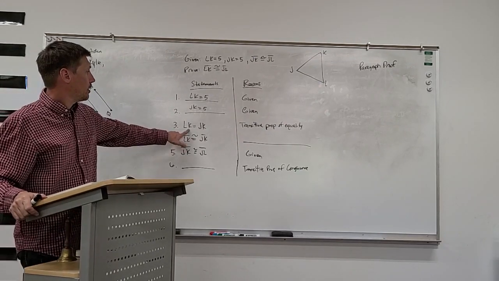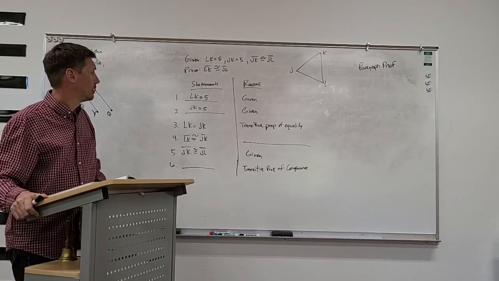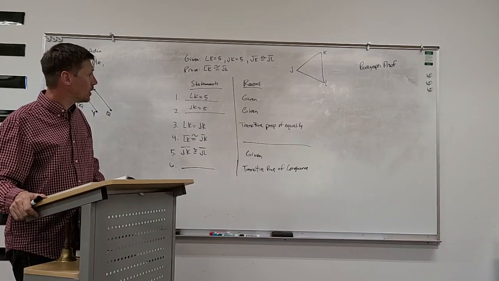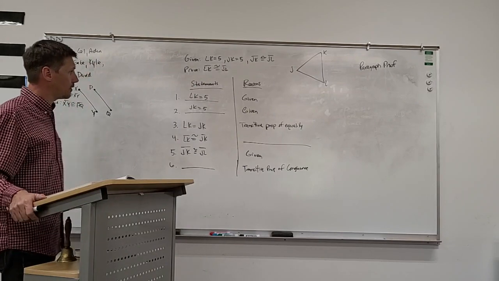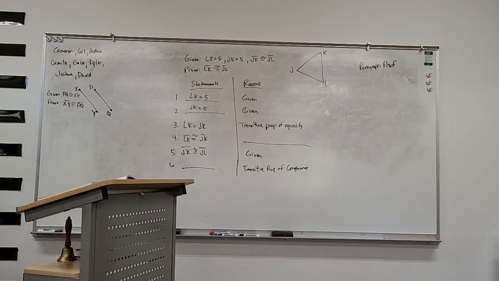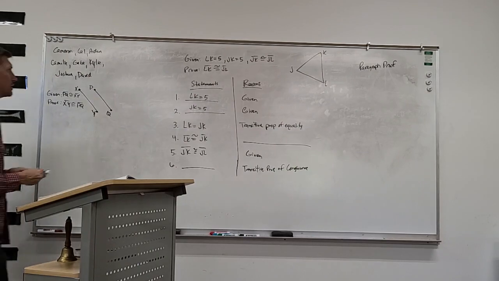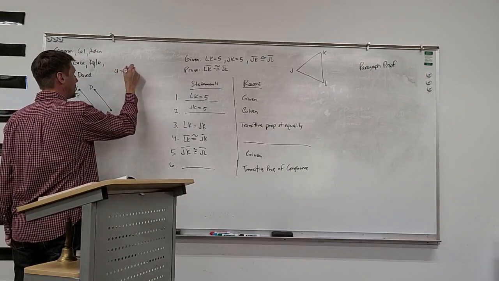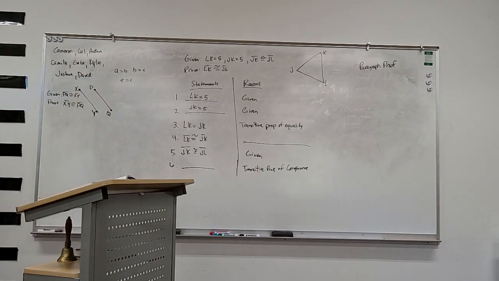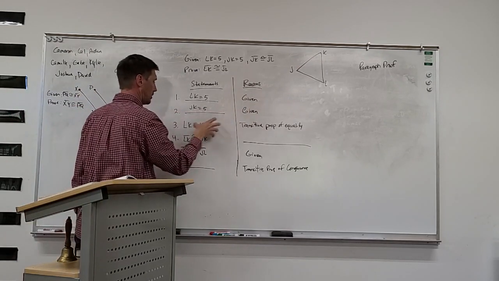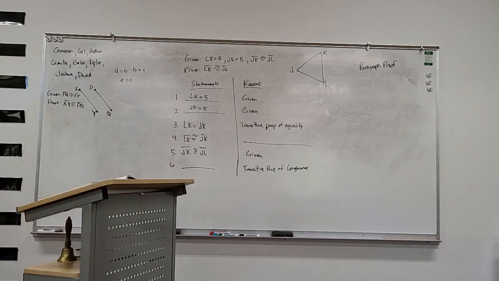We can say that the LK and JK, those measurements are equal to one another, and that's the transitive property of equality. Why is that the transitive property of equality? That's that thing that always says, if A equals B and B equals C, then we can say that A equals C. That's the transitive property. So why would that be how we go from the given to there?